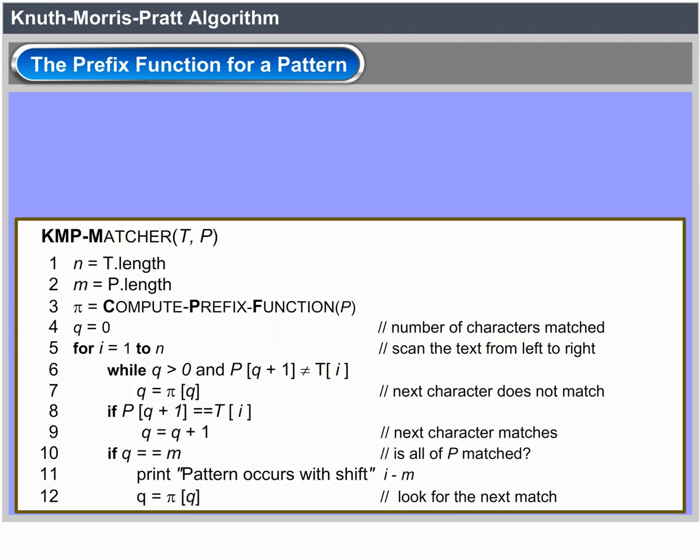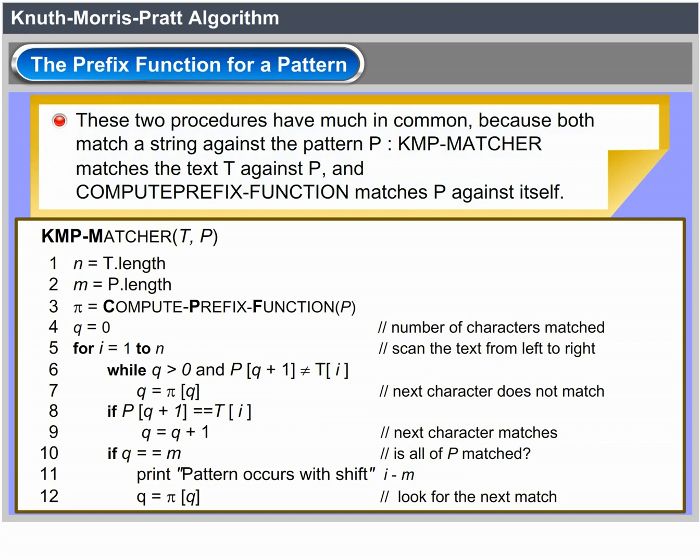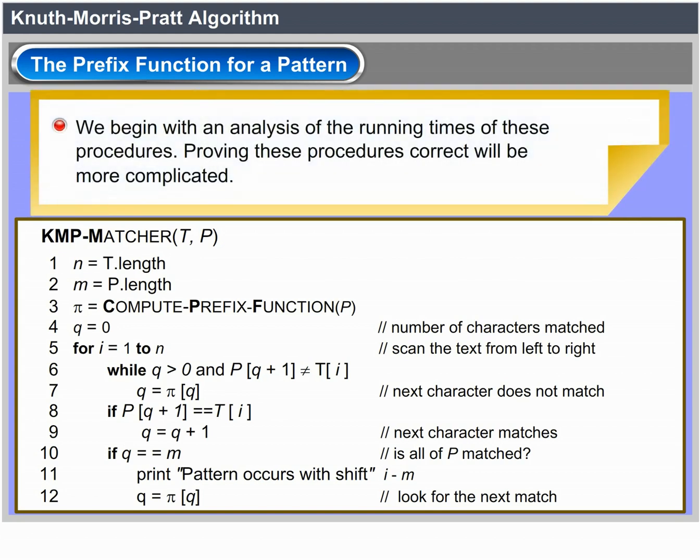These two procedures have much in common because both match a string against the pattern P. KMP-MATCHER matches the text T against P and COMPUTE-PREFIX-FUNCTION matches P against itself. We begin with an analysis of the running times of these procedures. Proving these procedures correct will be more complicated.